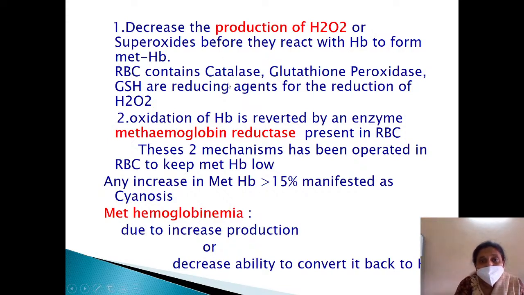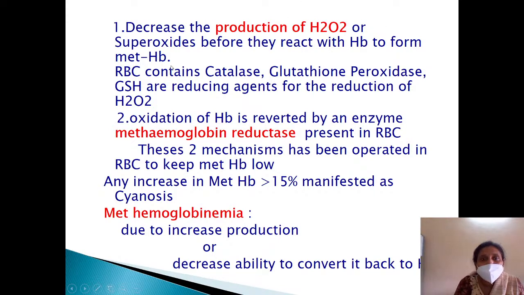Catalase and glutathione peroxidase are the enzymes which act upon H2O2 and convert hydrogen peroxide into water, thereby decreasing the concentration of H2O2. And reduced glutathione also decomposes hydrogen peroxide.